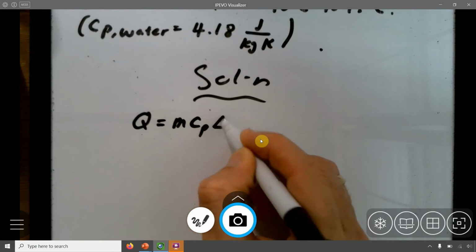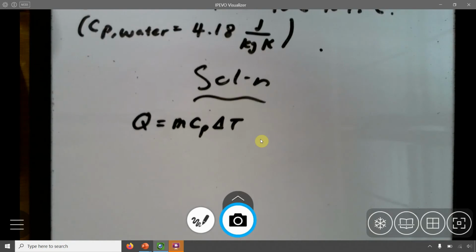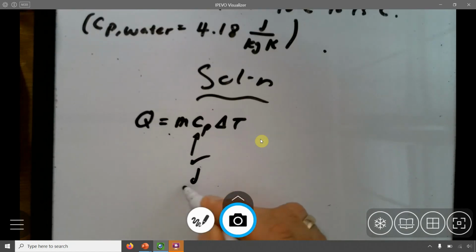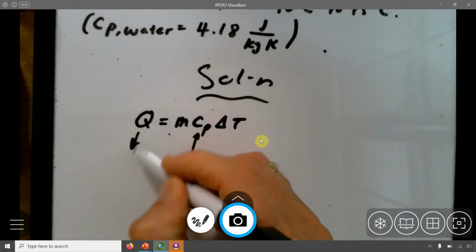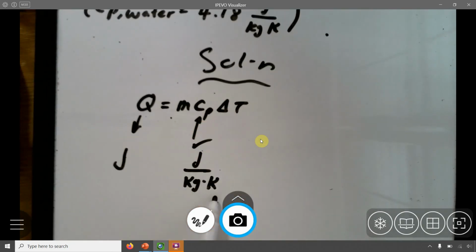So I'm going to write that as the equation of use for me. MC delta T. All right, great. I have given you C is 4.18, so this is given to you. First of all, look at the units here. The units for this are joules per kilogram per Kelvin. And I want this in joules, meaning that I want to cancel out the kilogram and the Kelvin.